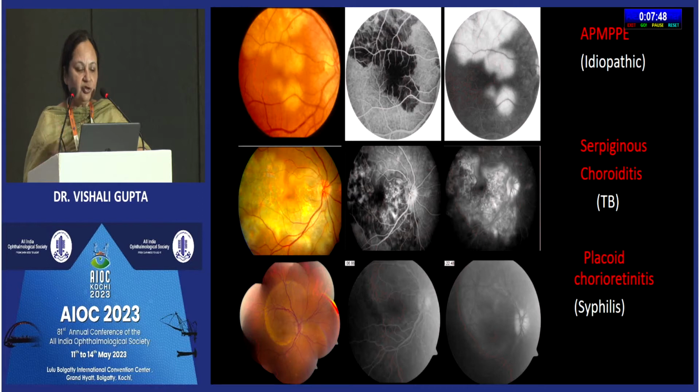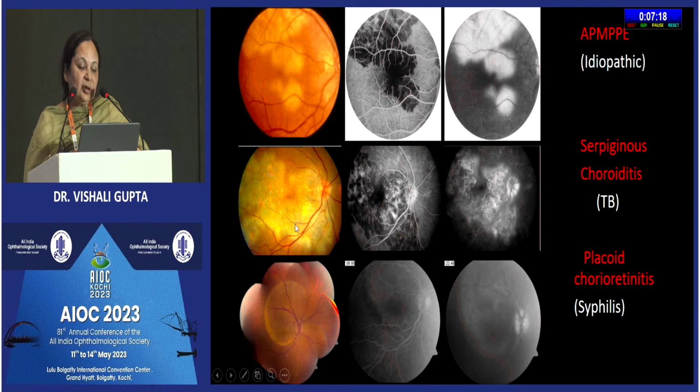So this is what I meant to say, that there is a very close call between infection versus non-infection, because if you look at them, they all look similar. But there are very important imaging biomarkers as well as clinical biomarkers which you can pay attention to and get the appropriate test done. Suppose you look at a patient who actually has syphilis and you think it is APMPPE and do not treat it, it's going to be a problem.